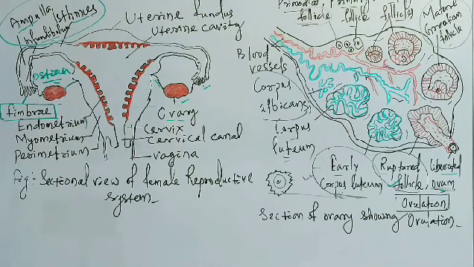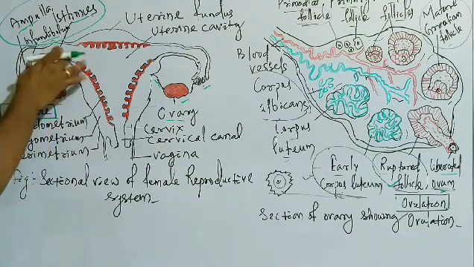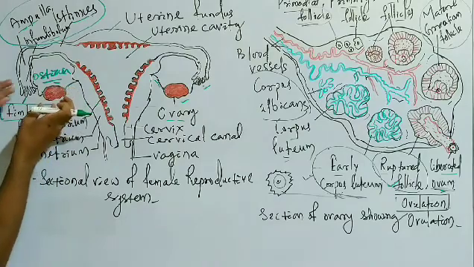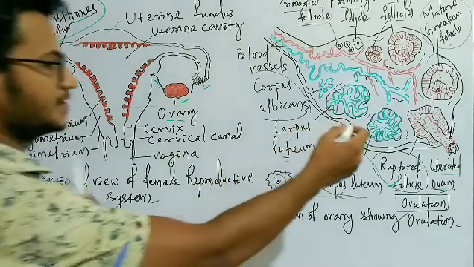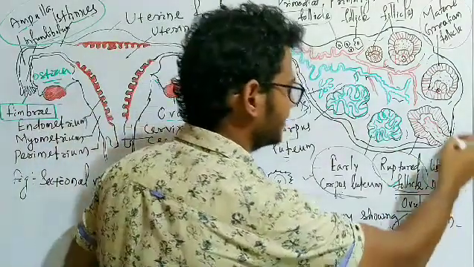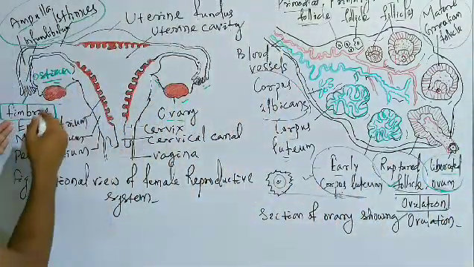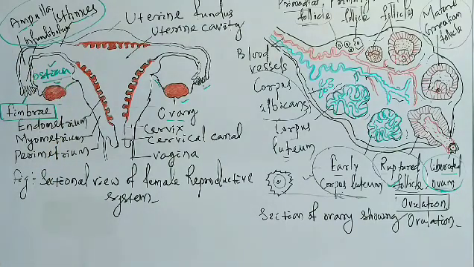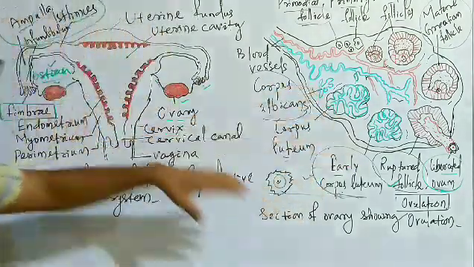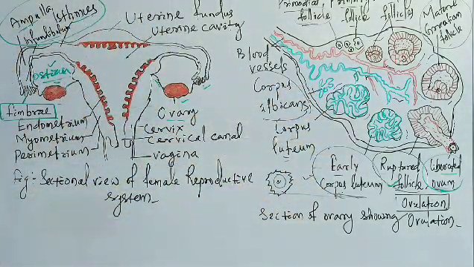It is held immediately over the ovary. This oviduct is very close to the ovary, so that once the ovum is liberated, it enters through the fimbriae or through the opening, which we call the ostium, into the infundibulum. So it draws the discharged mature ovum into the oviduct.